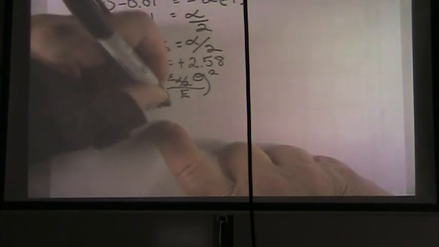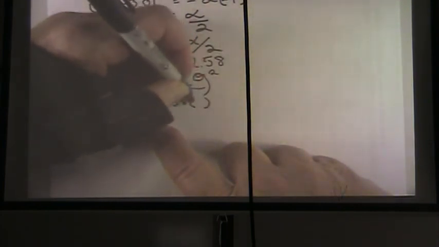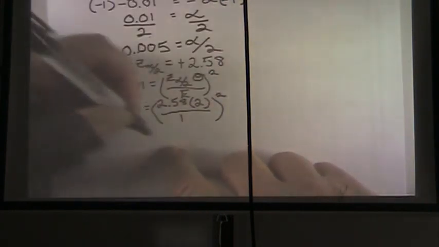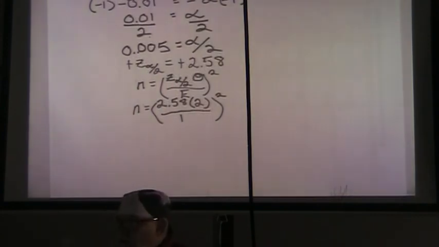All right, so n equals 2.58 times 2 divided by 1, that number squared. I lurch over here to my computer to use Excel.